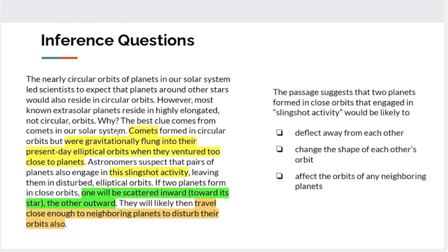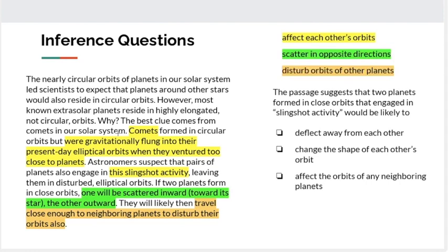They will likely then travel close enough to neighboring planets to disturb their orbits also. So what can we identify here? Well, they affect each other's orbits. They cause them to engage in these elliptical orbits as opposed to circular orbits. One will be scattered inward, the other outward. And then they'll travel close enough to neighboring planets to disturb their orbits also.